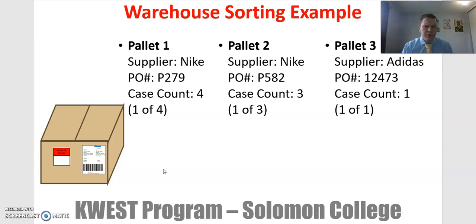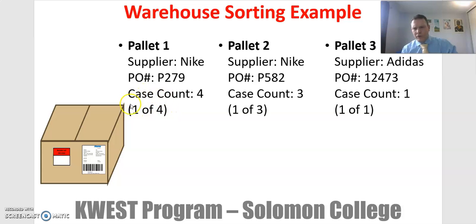Your job as sorter is to create or build 3 separate pallets, each with its unique purchase order. So, for example, pallet 1 might have products from the supplier Nike with the purchase order 279, and the case count is 4.